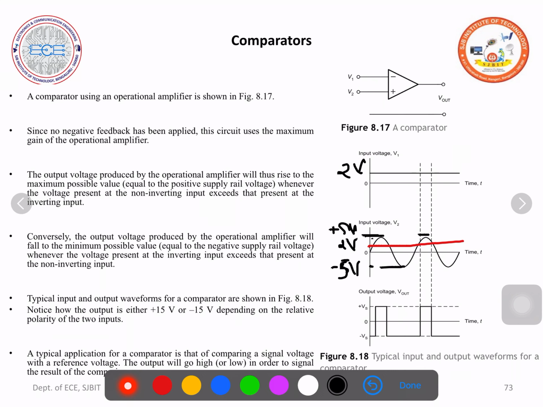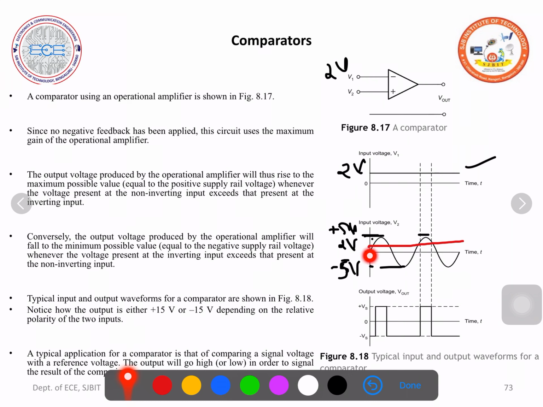Here this is minus 5 volts. Voltage at V1 is always 2 volts because this is DC. But the signal applied at V2 is a sinusoidal signal. It always starts from 0, goes to the peak plus 5 volts, comes back to 0, goes to minus 5 volts, then 0, plus 5, 0, and it goes on changing.